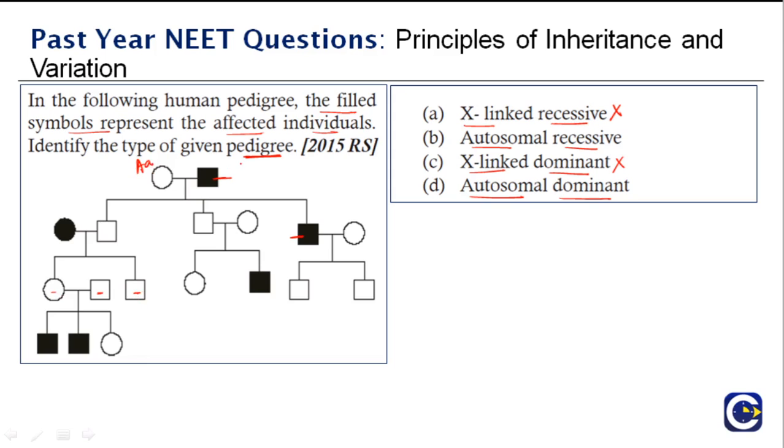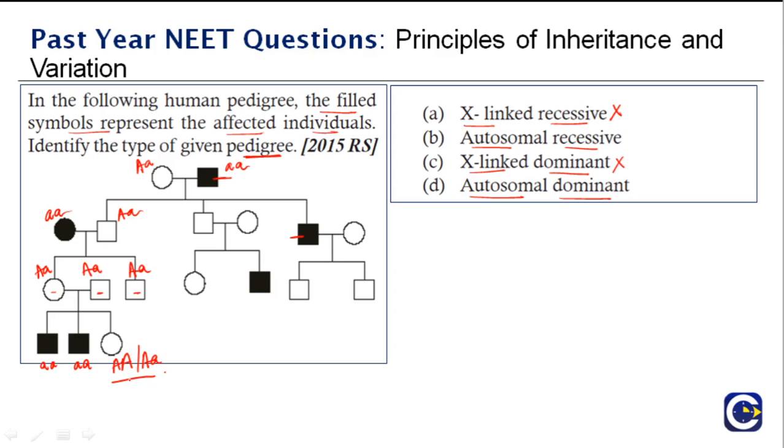It will be this, and then here will be this. So it is an autosomal recessive disorder. And here all of them will be carriers. That is why, again, in the next generation, two of them will be affected and one won't be affected.